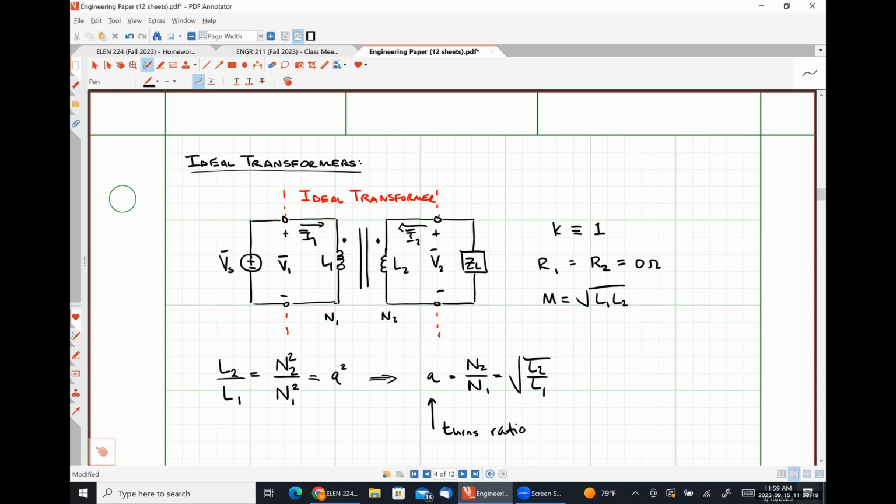The turns ratio determines the behavior of currents, voltages, impedances, and even transmitted power. Well, we'll see all of these relationships over the next classroom.